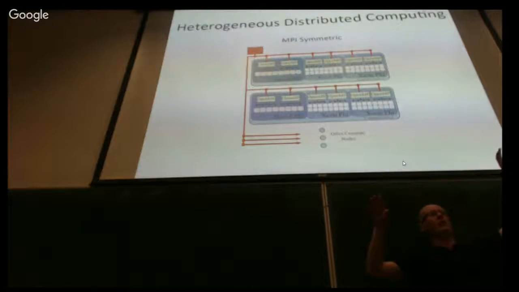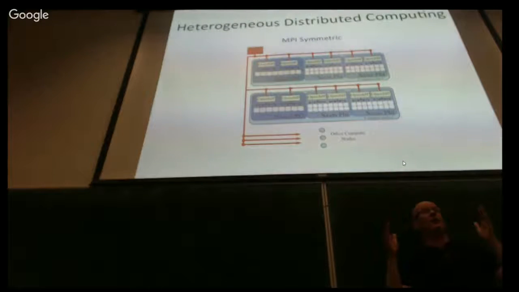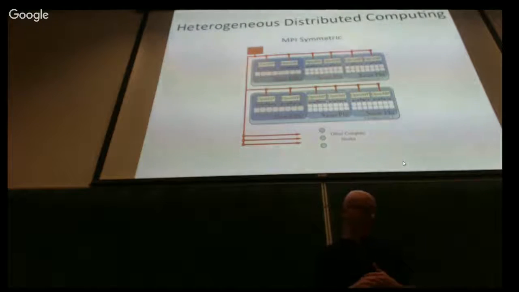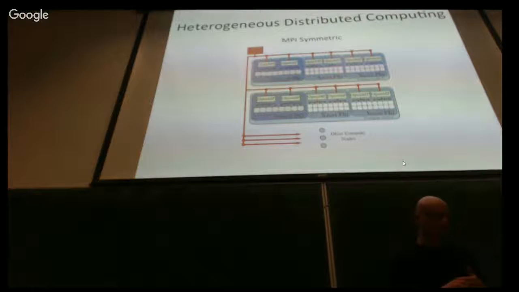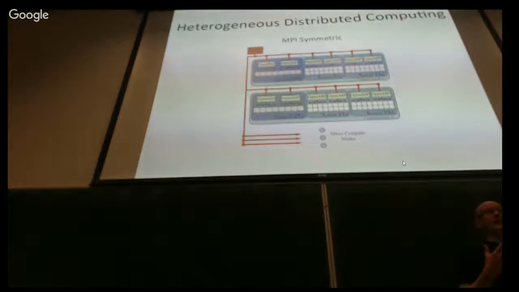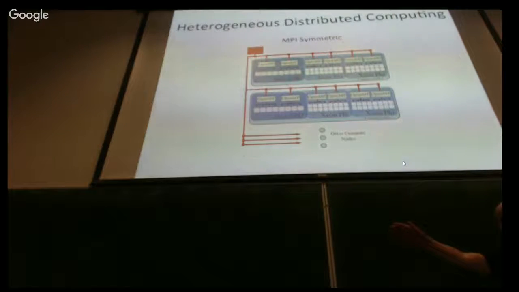So you can see that there are real issues when it comes to load balancing there as well. So that's tricky. Coming back to the offload model, in some sense it makes it easier to load balance than the MPI symmetric model, because you're isolating the section of code that you're offloading to the coprocessor. Whereas everybody knows that MPI is a much more pervasive programming model that touches lots of different parts of a very large code. So in that sense, MPI is a more complex programming model than OpenMP effectively.